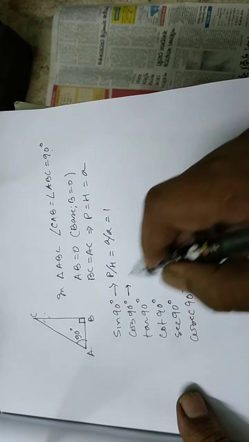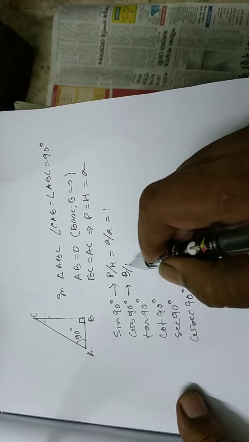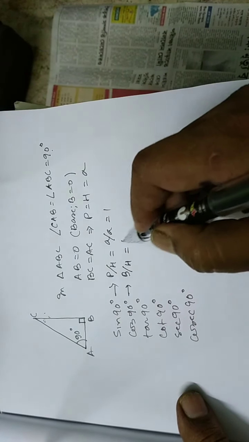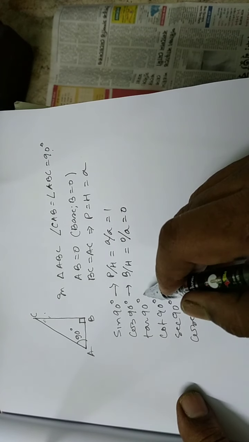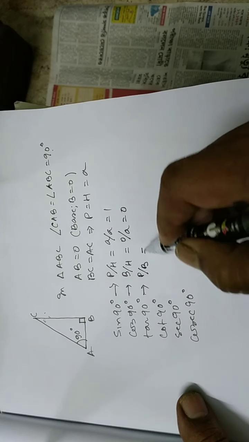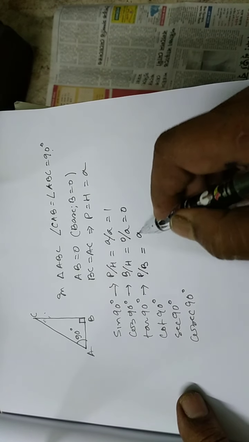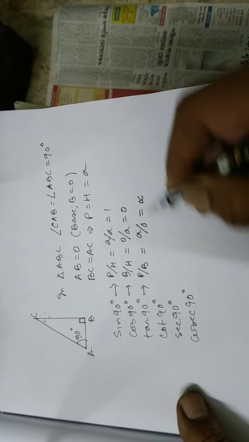Cos 90 degree, B by H, B is 0, 0 by A is 0. Tan 90 degree, P by B, P is A, B is 0, anything by 0 is undefined.